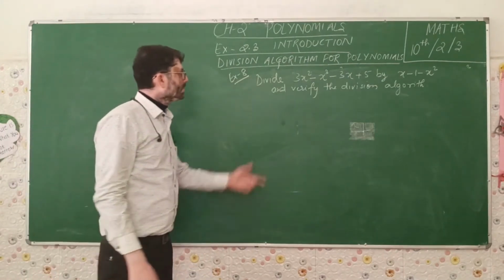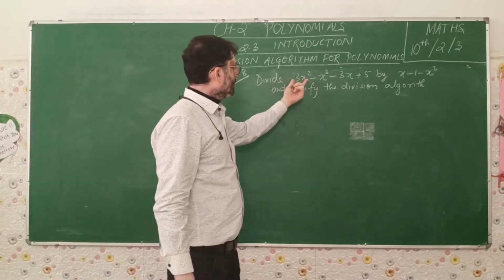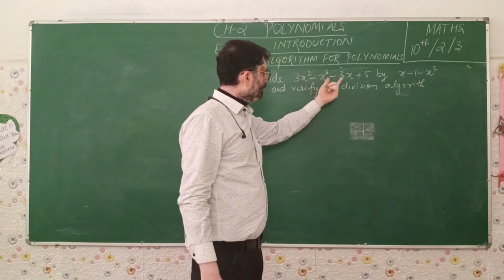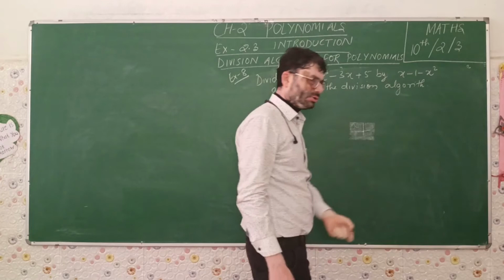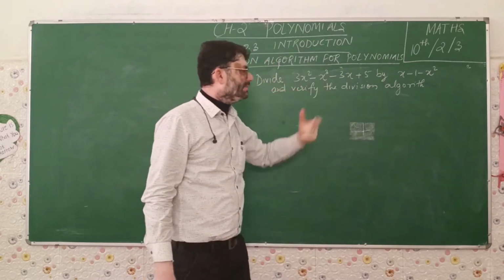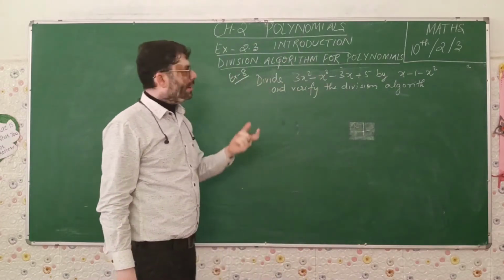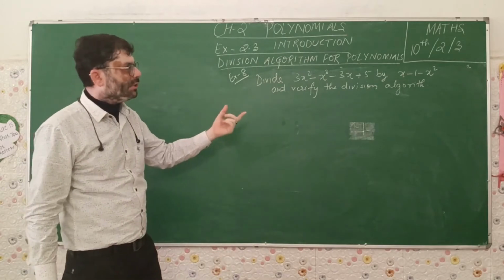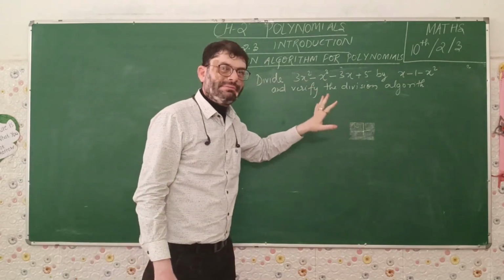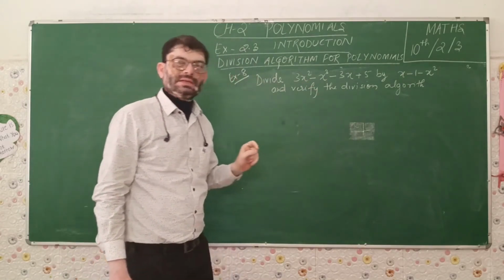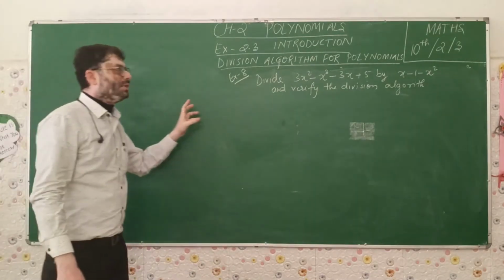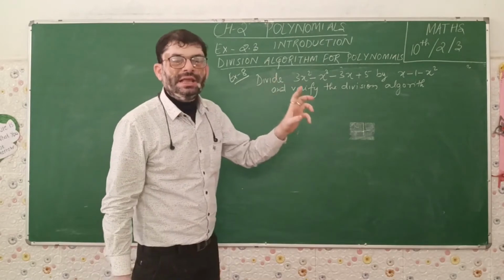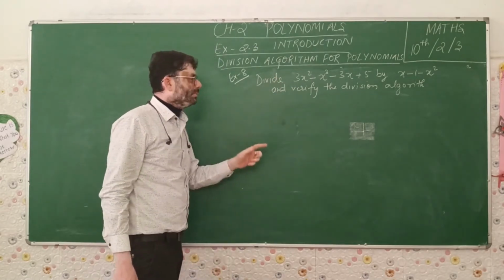Number 8. Divide 3x squared minus x cubed minus 3x plus 5 by x minus 1 minus x squared and verify the division algorithm. That means we will have to divide a polynomial by another polynomial, and we will also have to verify the division algorithm. As I have told you earlier, we will now denote the names for the polynomials.